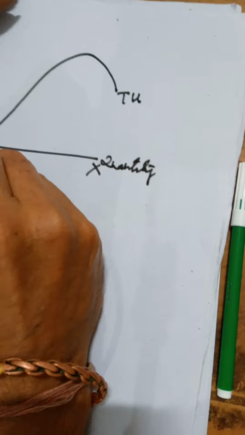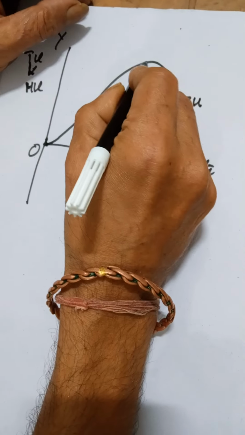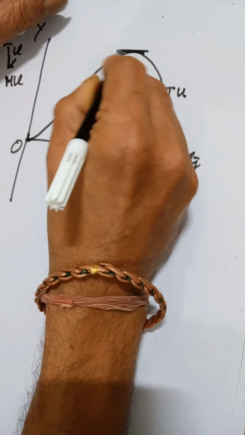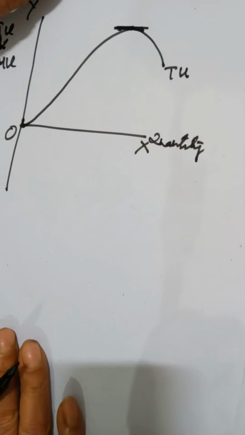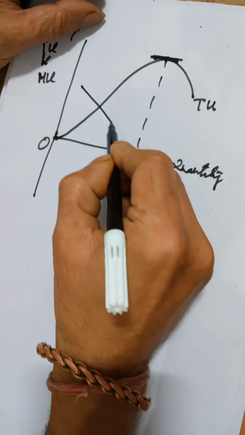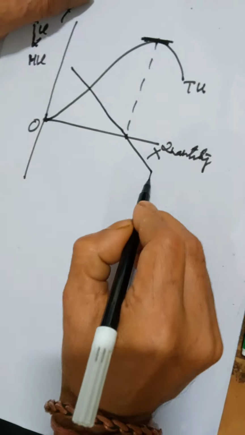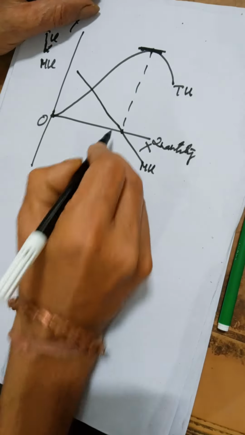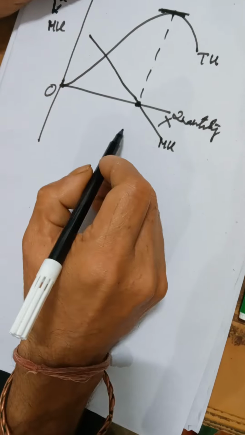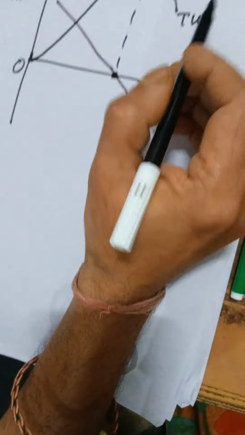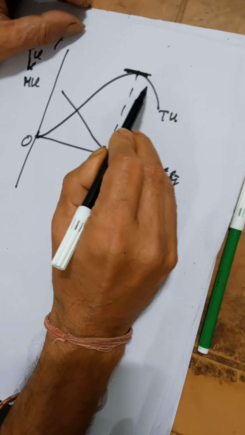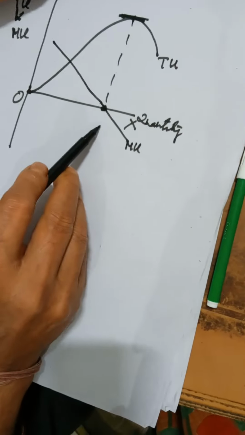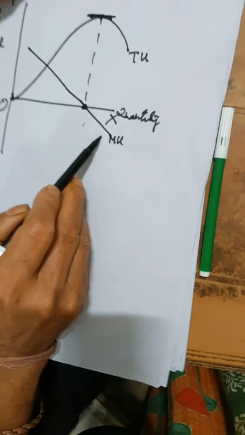It starts from the origin, goes on rising, reaches the maximum point and then comes down. The marginal utility curve is a downward sloping curve, and it becomes zero when the total utility curve is maximum, and when the total utility curve starts falling, marginal utility becomes negative.